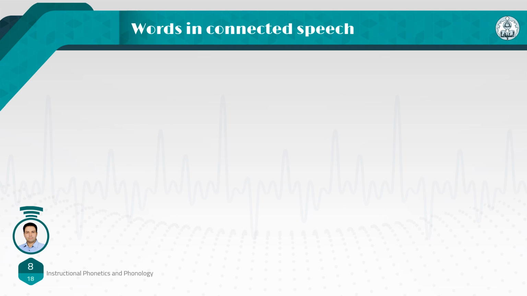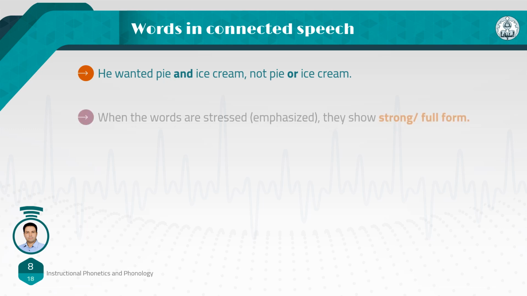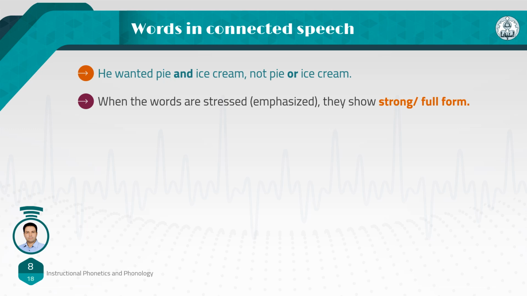Sometimes closed class words show a strong form. Look at this example. He wanted pie and ice cream, not pie or ice cream. When the words are stressed or emphasized, they show strong or full form.